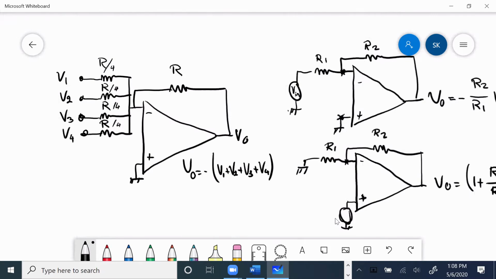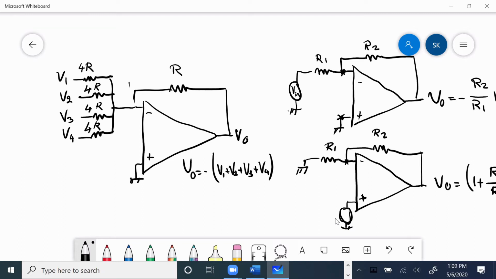So let me just, okay. Actually, I want to do yet another. I'm going to make each one of these 4R, 4R, 4R, and 4R.